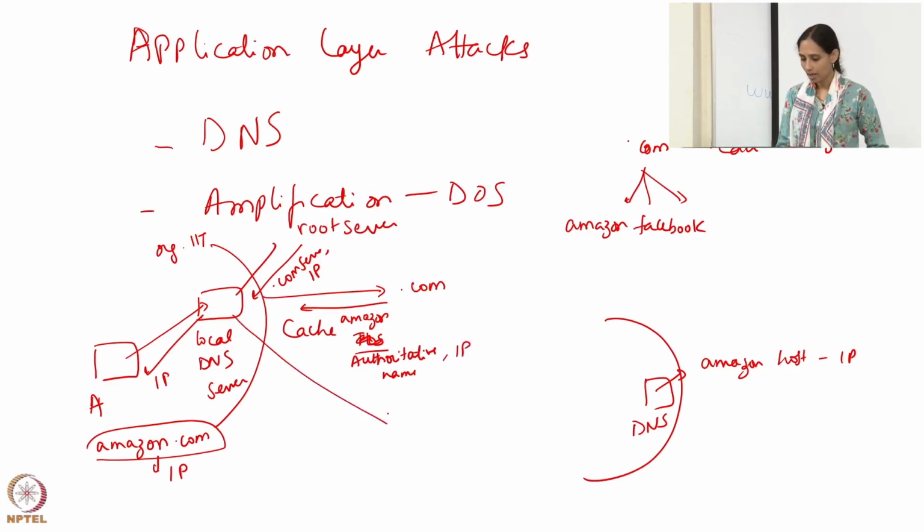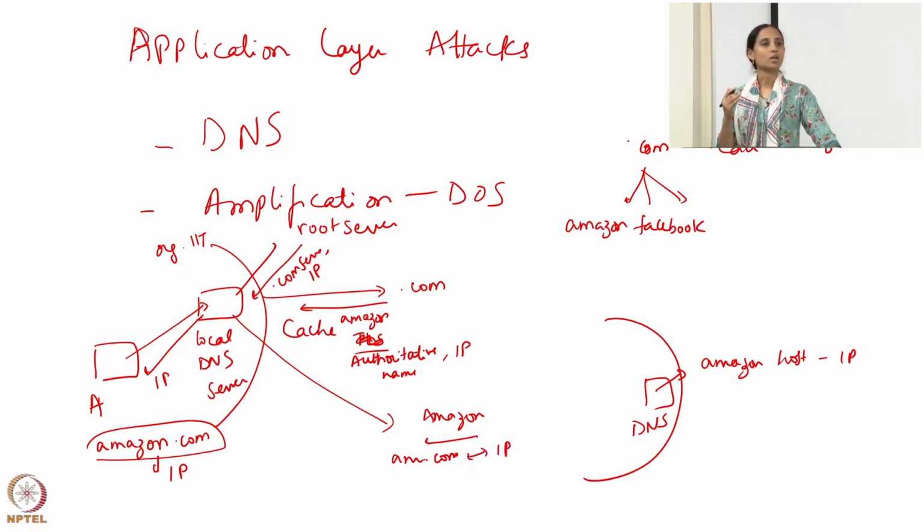Now this local guy will contact Amazon's authoritative name server, who should be able to give the answer that amazon.com's IP address is this. So that is how DNS resolution happens without caching.